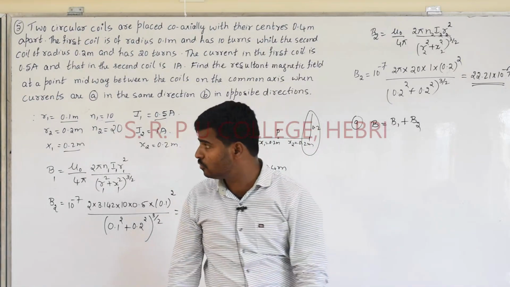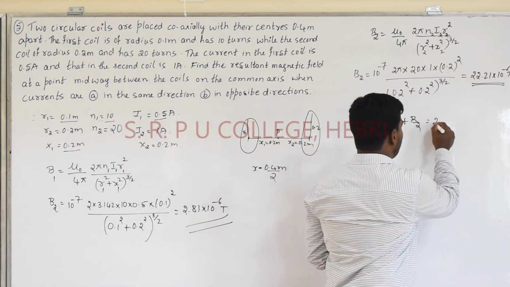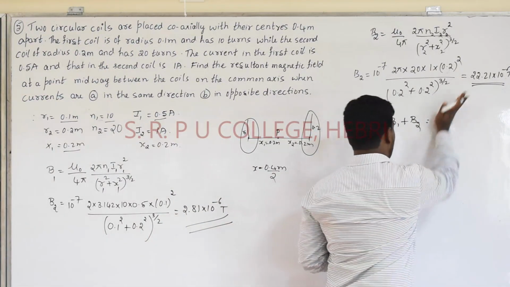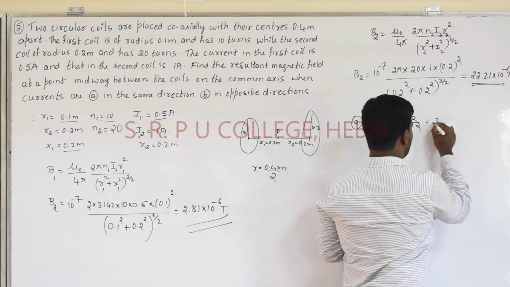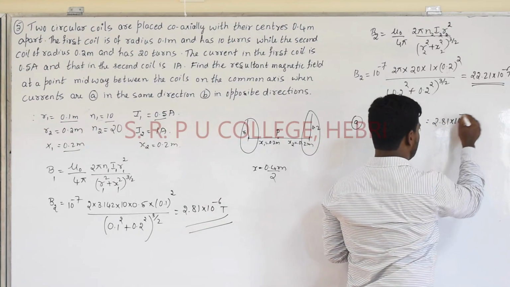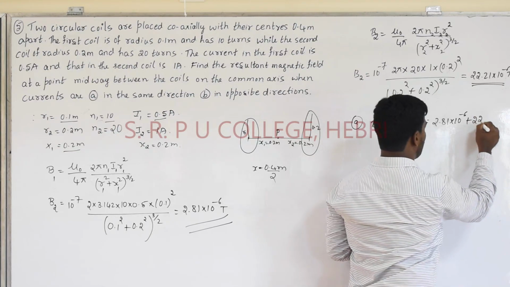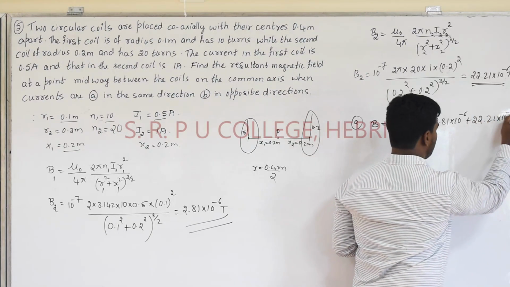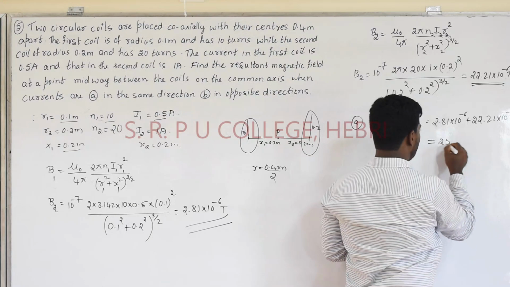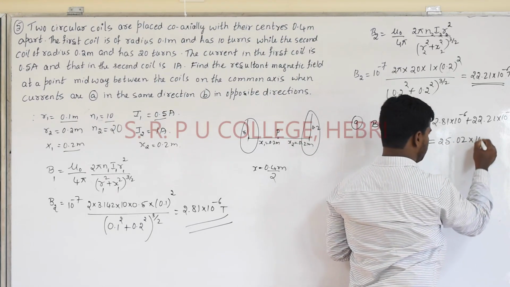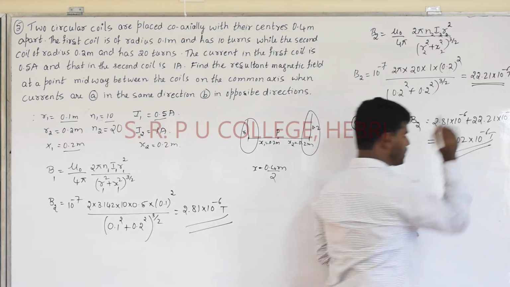By adding these two, B1 is 2.81 into 10 raised to the power minus 6 plus 22.21 into 10 raised to the power minus 6.